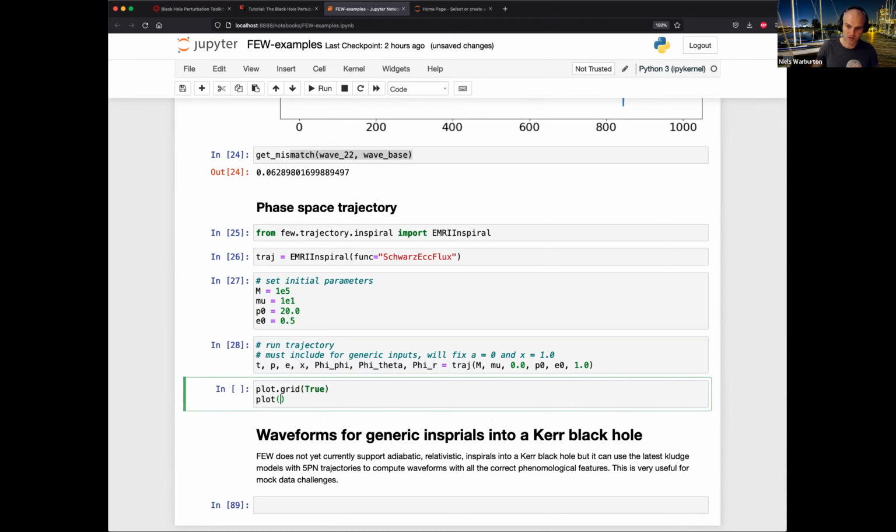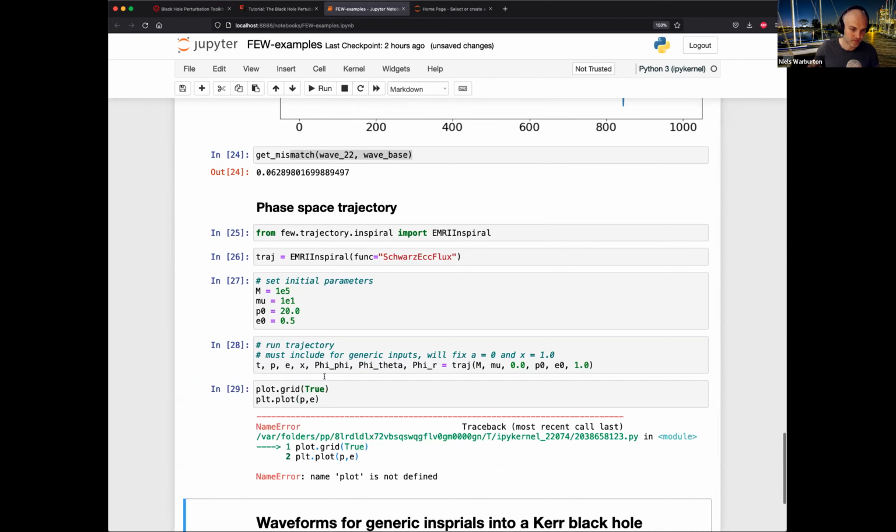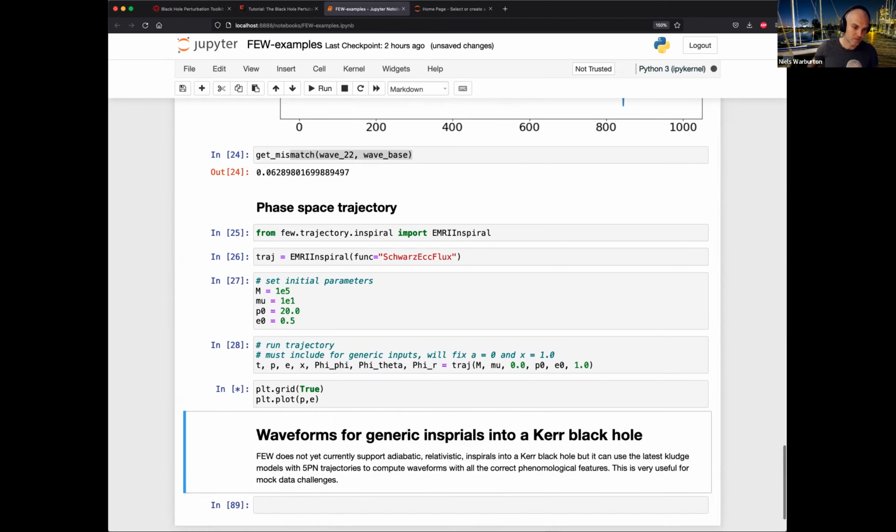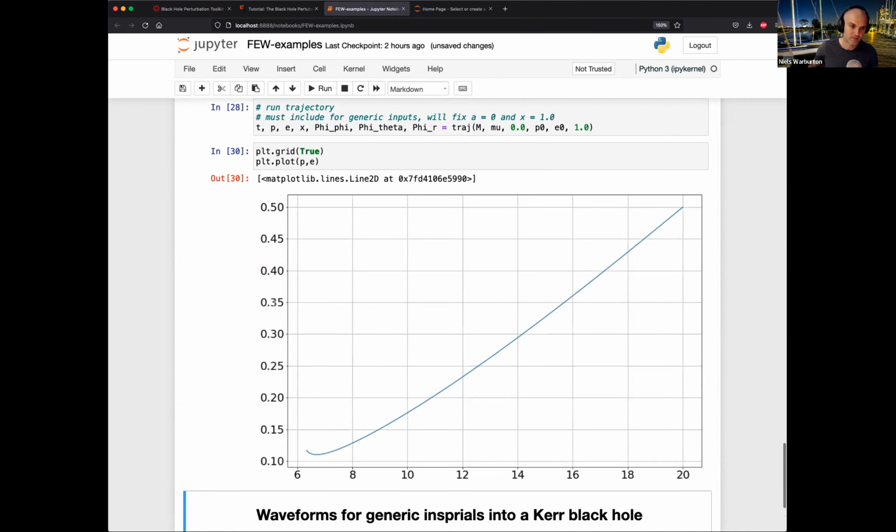And then we can plot, for instance, the evolution of p and e against each other. So here we've started at an eccentricity of 0.5, and we've evolved until we've approached the separatrix. There's this little uptick in eccentricity that's well known in the EMRI case that we see.